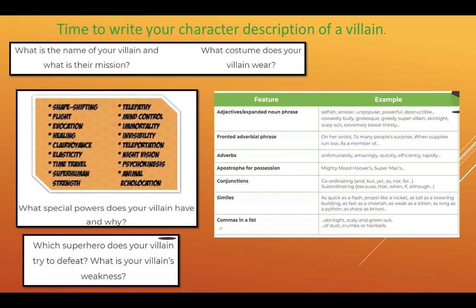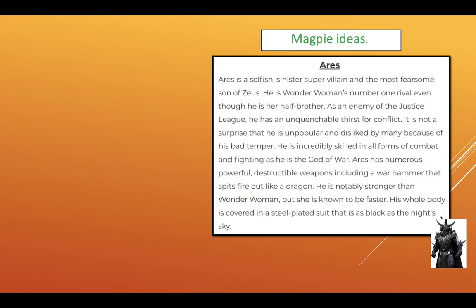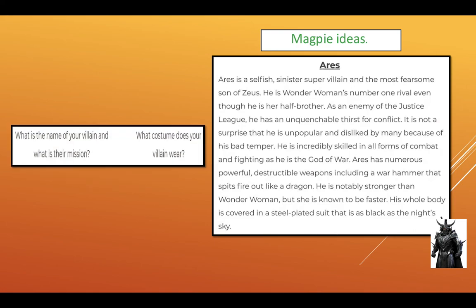So that is your task today, to do an independent piece of work. Remember, magpie does not have to be completely original. You are the author, you decide. So we have some magpie ideas here. What is the name of your villain? Well, up here is Ares, is a selfish, sinister supervillain.